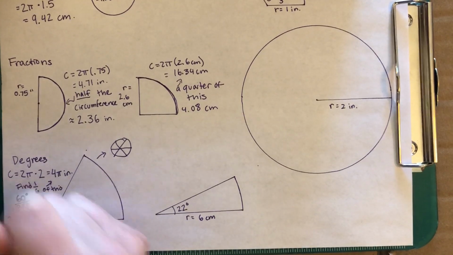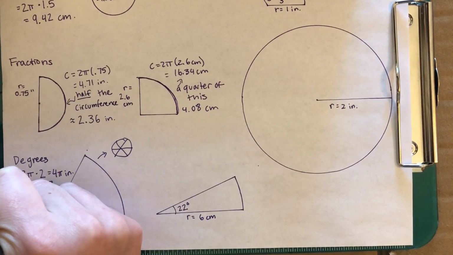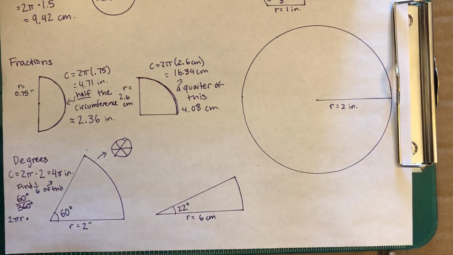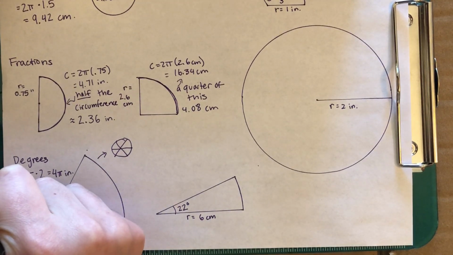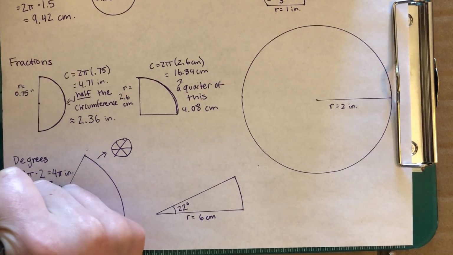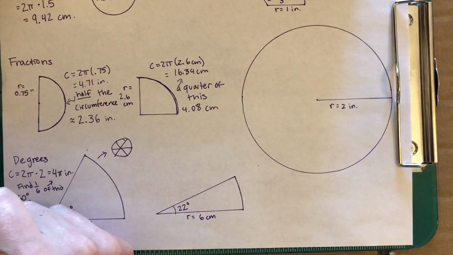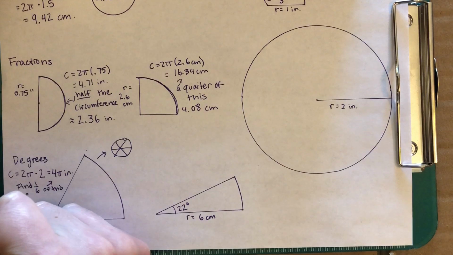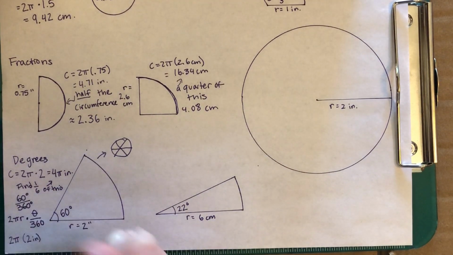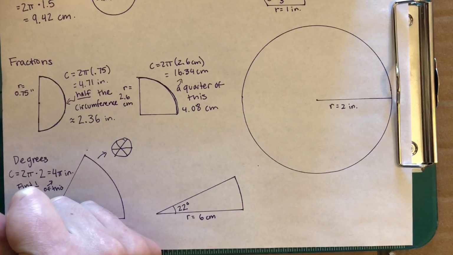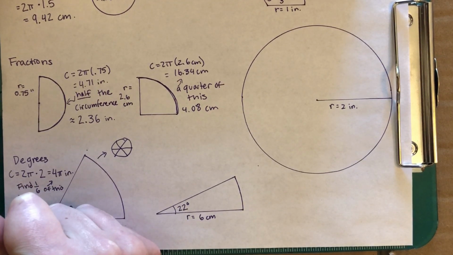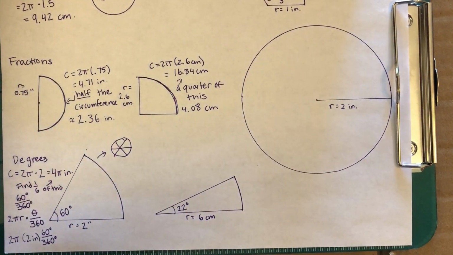So I'm going to take this 2 pi r, and then I'm going to multiply this angle over 360. So this is what I would do in general. And in specifics, I'm going to do 2 pi times 2 inches multiplied by 60 degrees out of 360 degrees.